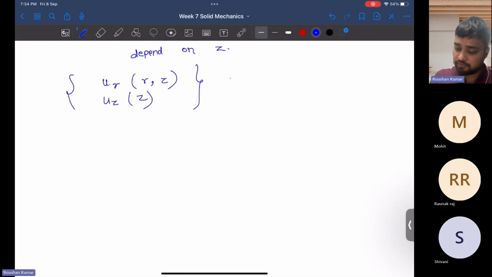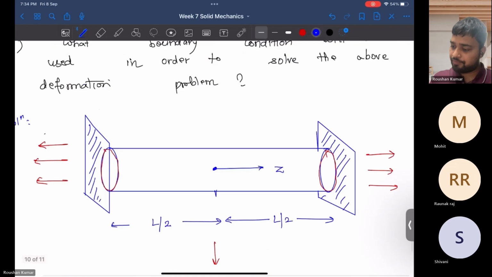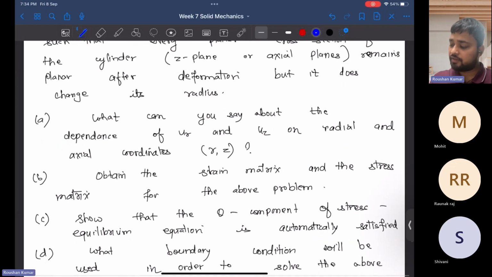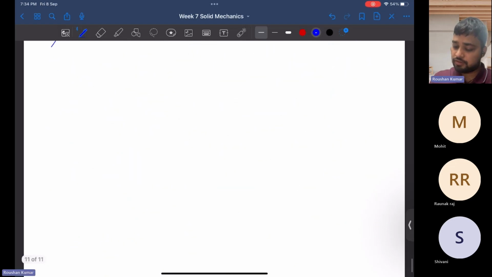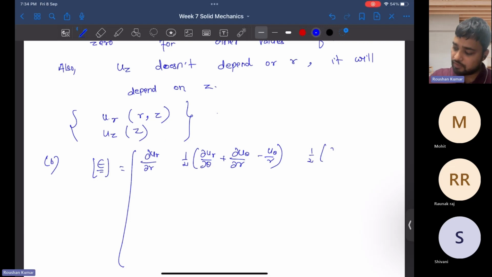The next part of the question is to obtain the strain matrix and the stress matrix for the above problem. So the strain tensor in cylindrical coordinate system is given by: del ur over del r, half of del ur over del theta plus del u theta over del r minus u theta upon r, half of del ur over del z plus del uz over del r.